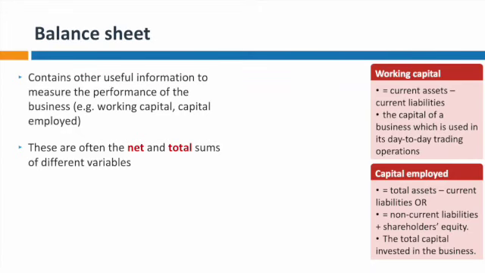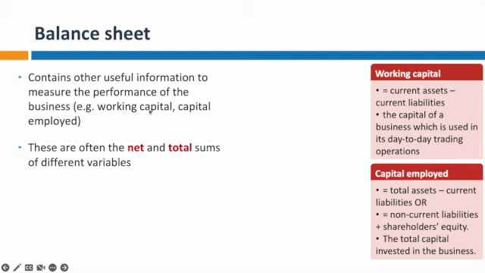So as we have seen already, the balance sheet contains some useful information on some sums, some differences, and this useful information can sometimes be used to measure the performance of the business. One of the sums or differences that it shows is the working capital.